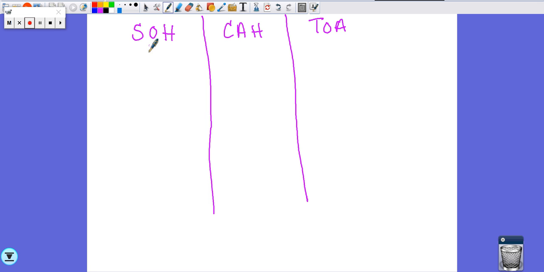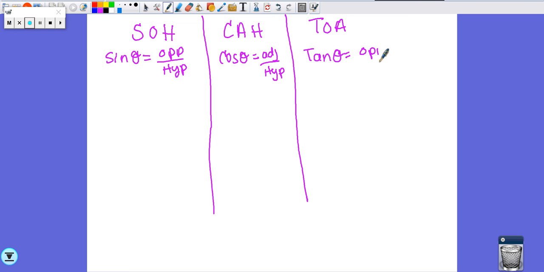And remember, I told you a way you can remember it. Some old hood rat caught another hood rat taking off Adidas. And this is saying sine of theta equals opposite over hypotenuse. Cosine of theta equals adjacent over hypotenuse. And tan of theta equals opposite over adjacent.